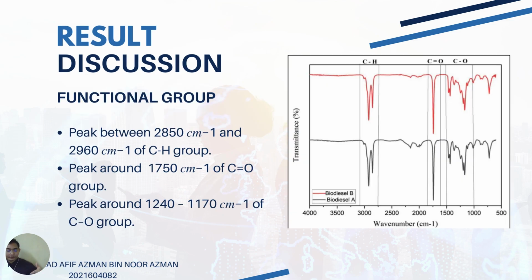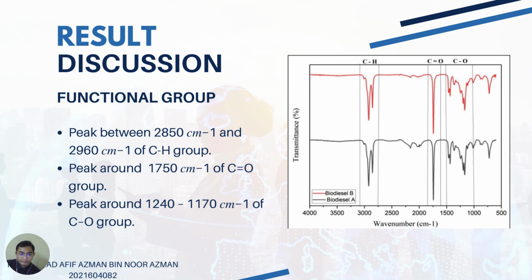Next, the last analysis is the functional group using FTIR. There was a peak of the CH group presence between 2000 to 850 per centimeter and 2960 per centimeter.